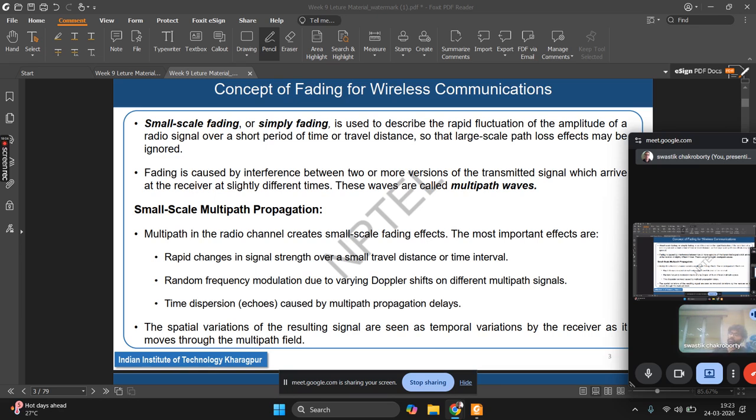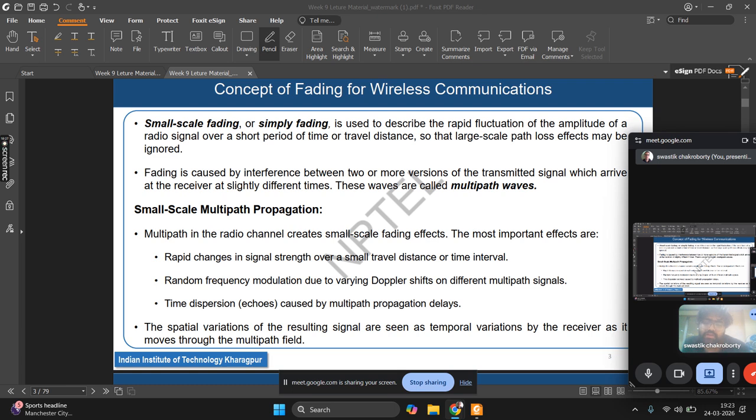So delta f equals v cos theta by c. So the frequency shift is directly proportional to the relative velocity between the Tx and Rx. If the Tx and Rx have a significant relative velocity amongst themselves, then we will have significant Doppler.